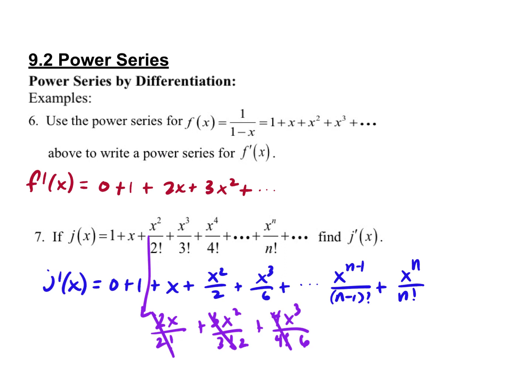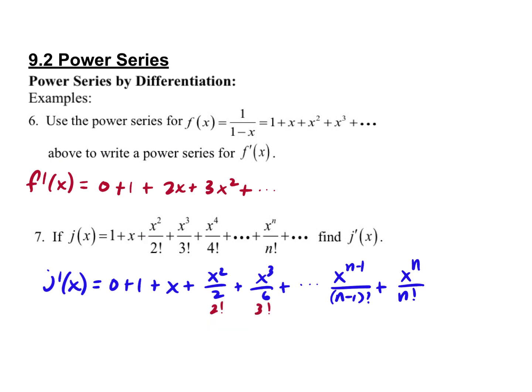What do we notice about the derivative of j compared to j? It's the exact same thing. This really is 2 factorial and 3 factorial. My nth term is the same as the nth term.